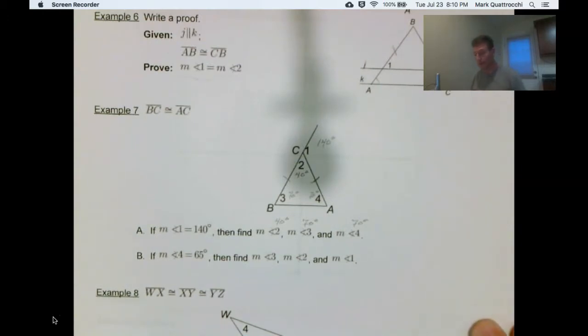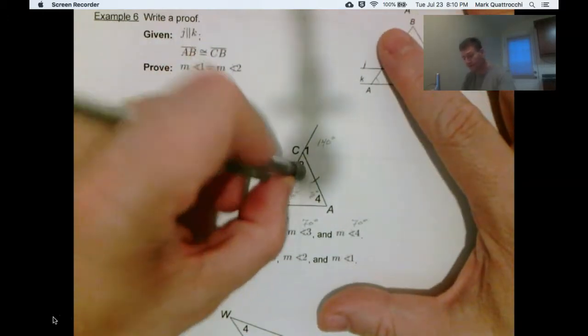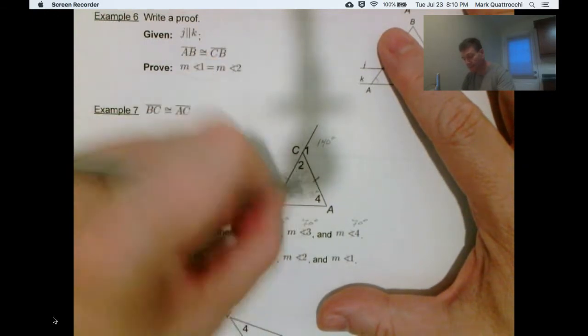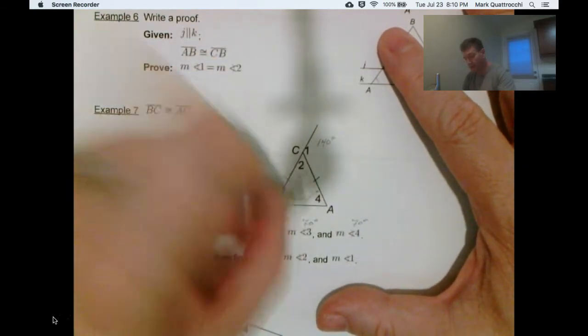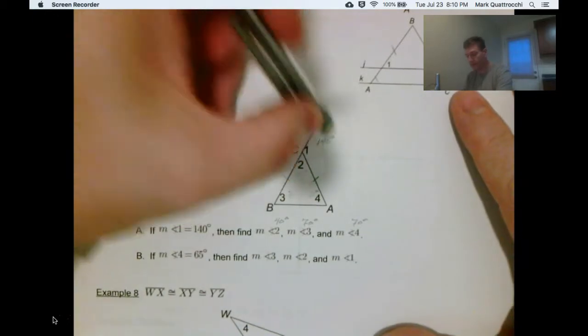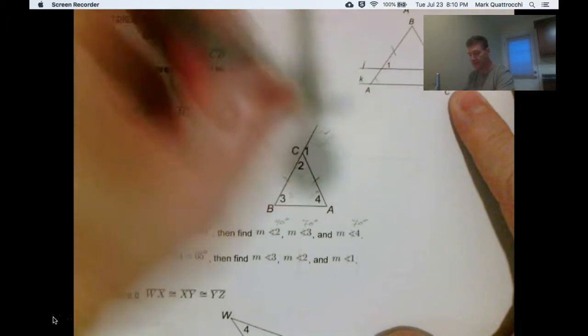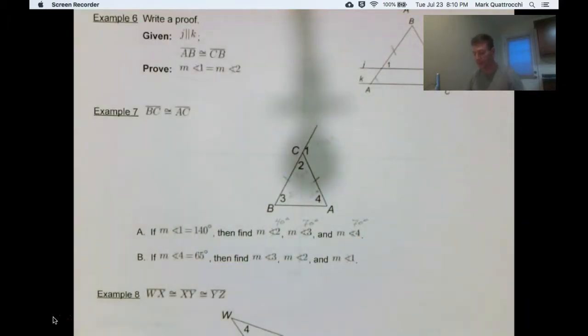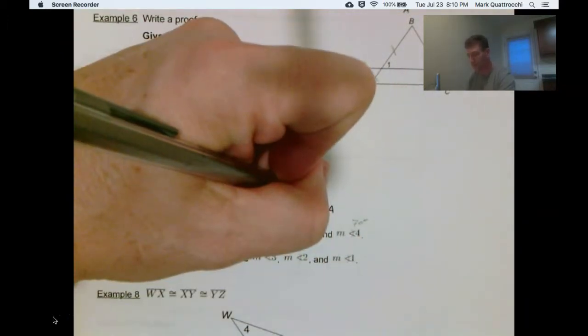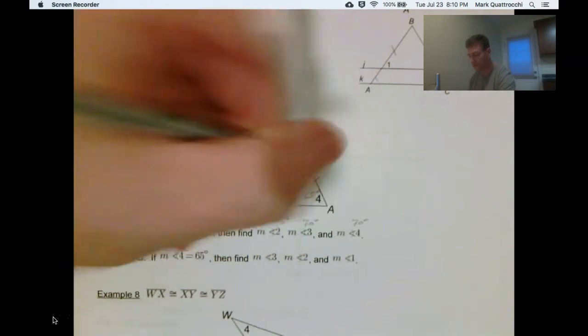Okay, part B, if we change the given information, except we're still keeping BC congruent to AC. That stays given. Now, angle 4 is 65 degrees.